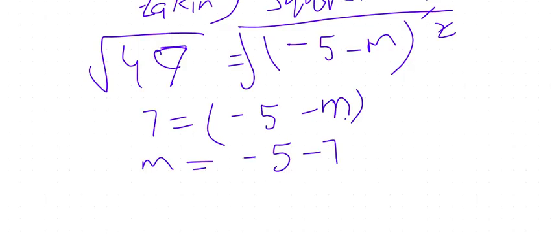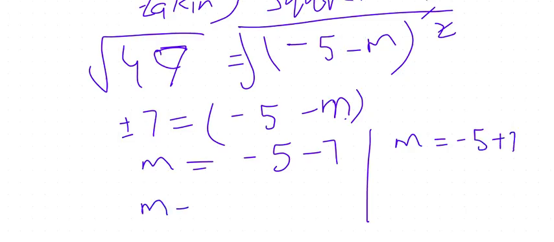When we take the square root, we have both plus and minus values, so I'm writing it like that. M equals minus 5 plus 7, and M equals minus 5 minus 7. So M equals minus 12 and M equals plus 2. We are told in the problem description that S lies on the left of R. Since R has x coordinate minus 5, S must have an x coordinate less than minus 5.